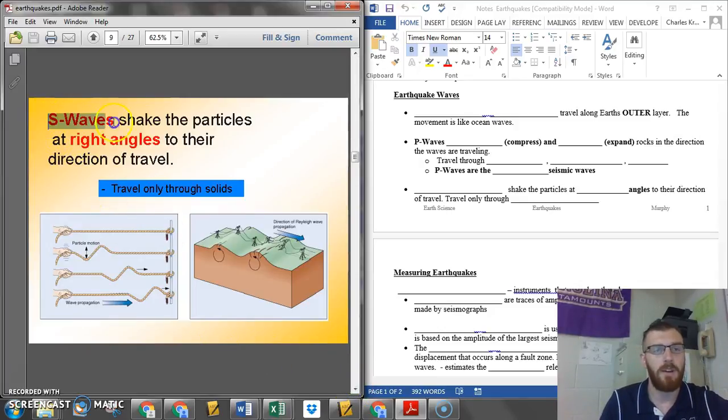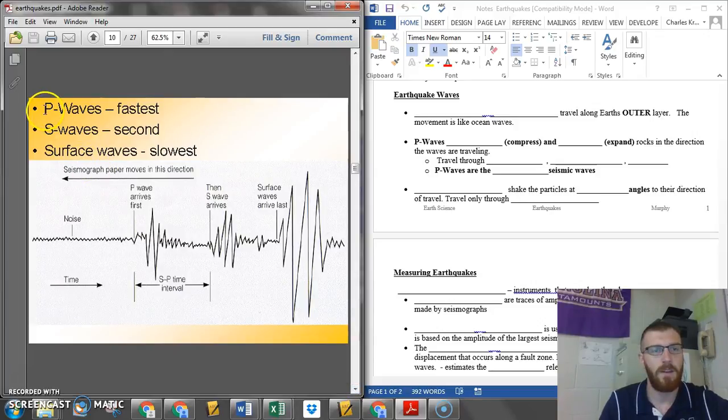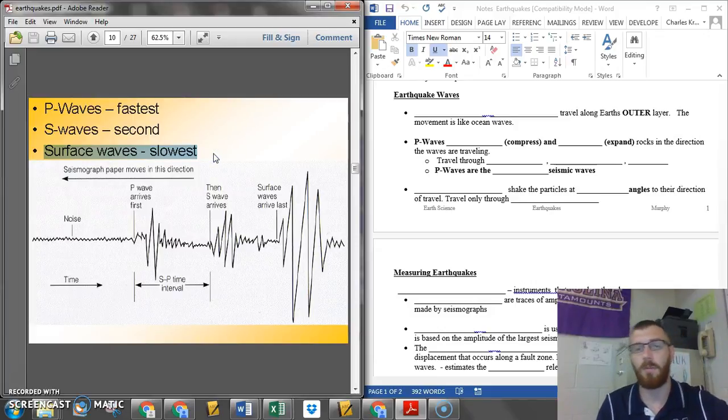And S waves shake the particles at a right angle to the direction of travel and only travel through solids. Okay, so P waves are the fastest, S waves are the second fastest, and surface waves are the slowest. And we will talk more about P and S waves as we get through earthquakes.